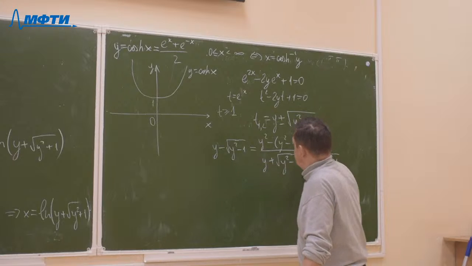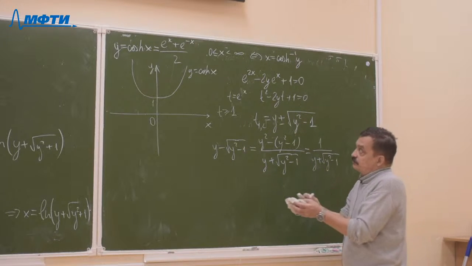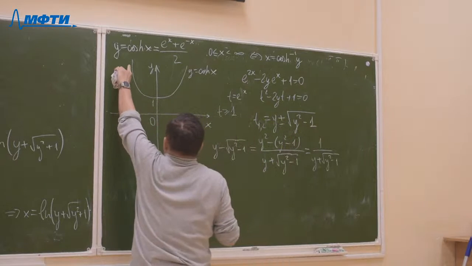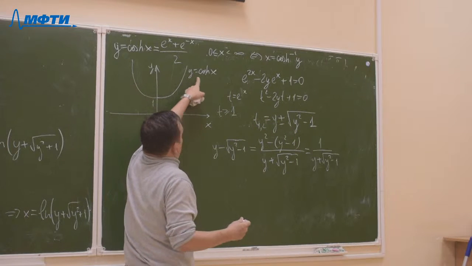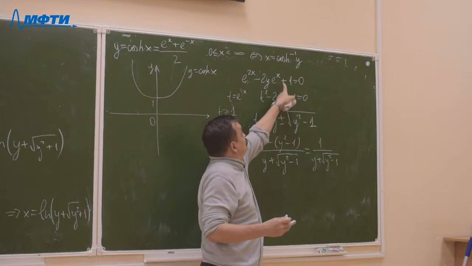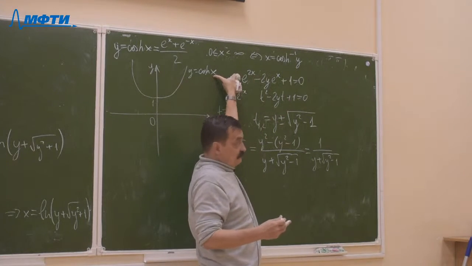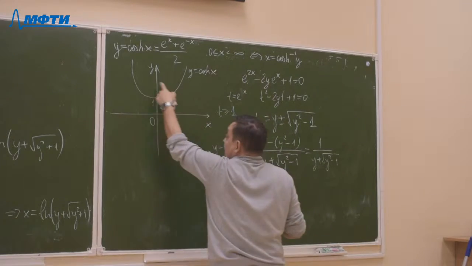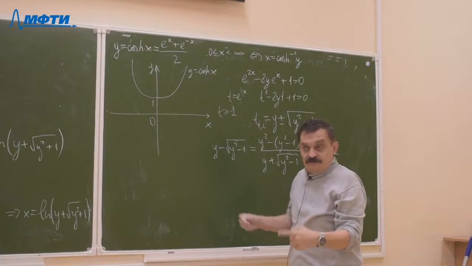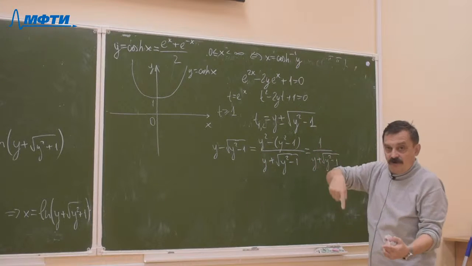Look at the picture as a whole. We have such a graph, y equals cosine x. Now I want to solve that equation to find x. It should have two solutions because of those two possibilities. One of them is smaller, another is greater.